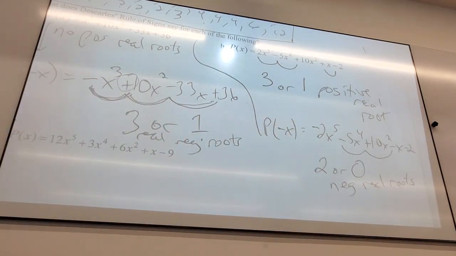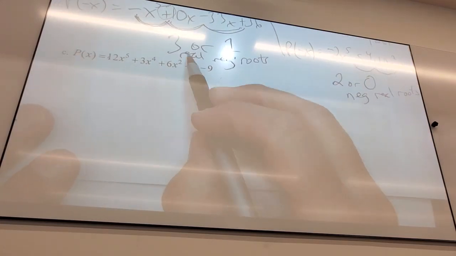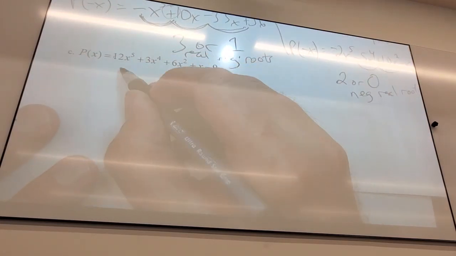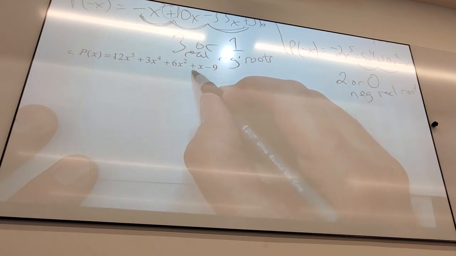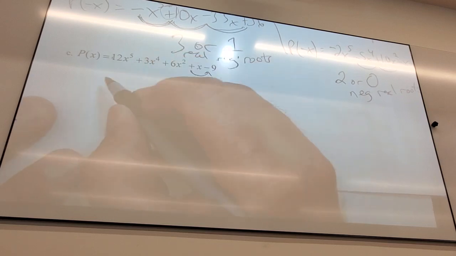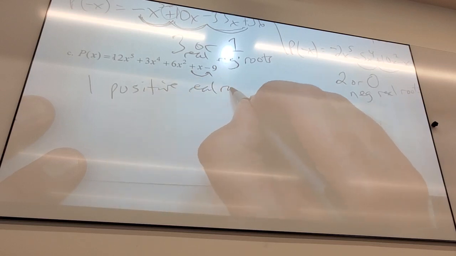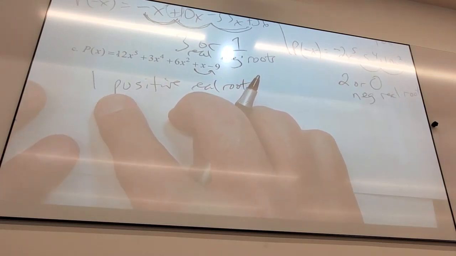Okay. So what about this last one real quick? One negative real root? Let's see, be careful now. If I leave it alone, that tells me which kind of root. So I've got 1 positive real root. Now real quick, why don't I go down by 2?